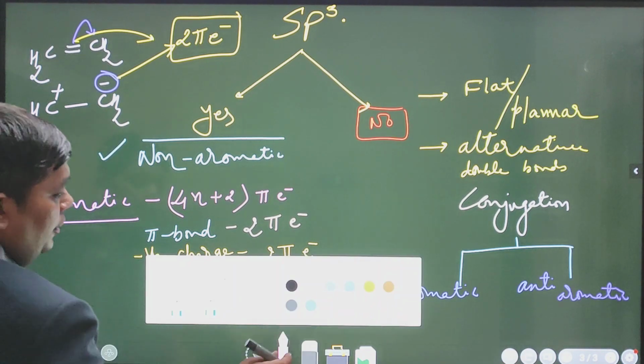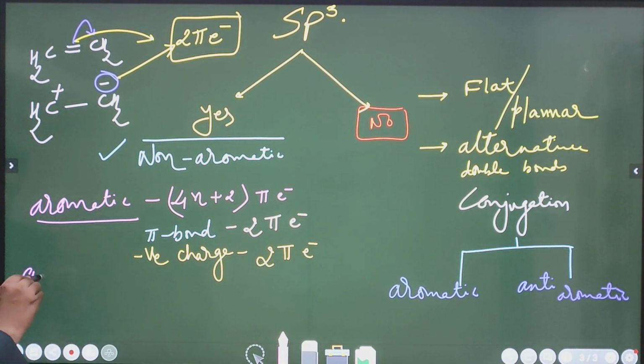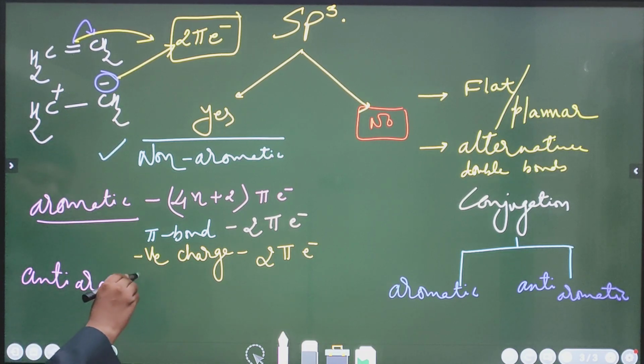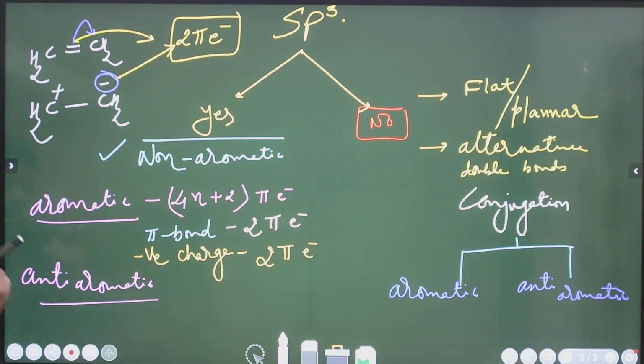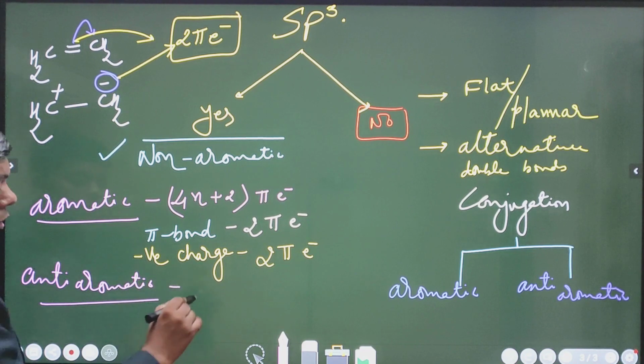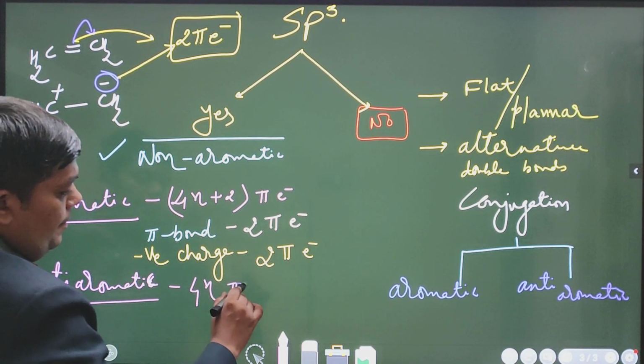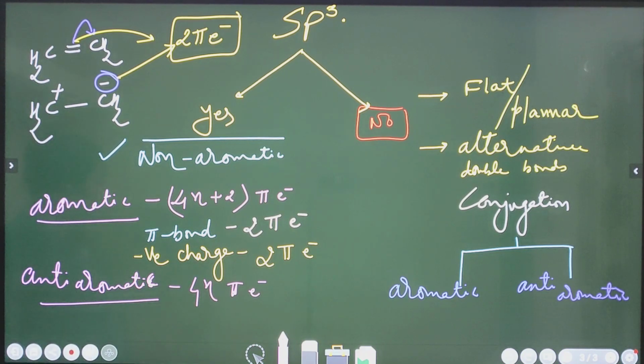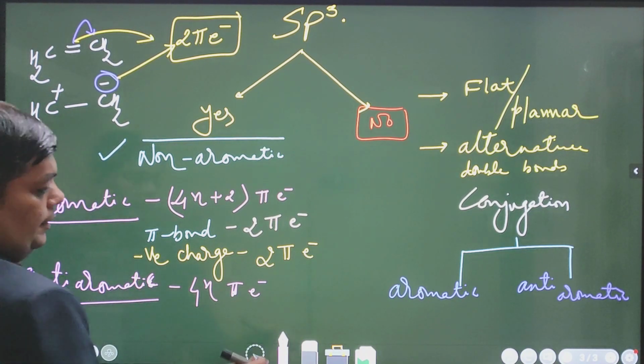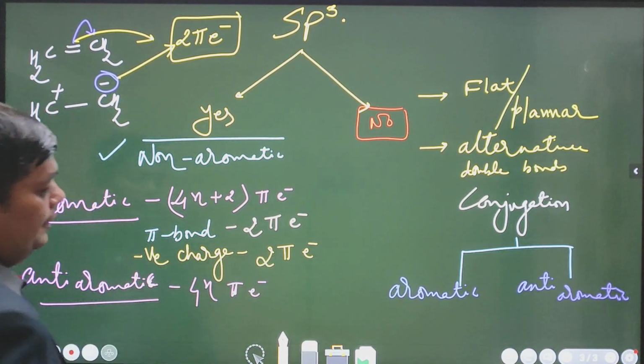Now, if at all I am concentrating on anti-aromatic, I will always focus on 4n pi electrons, and over here two things are mandatory.